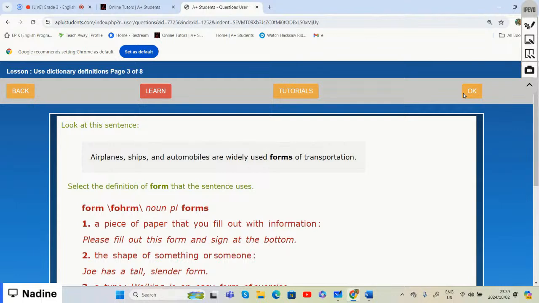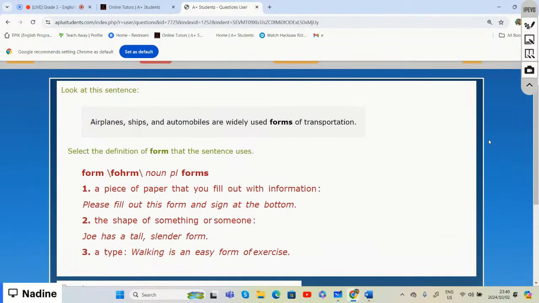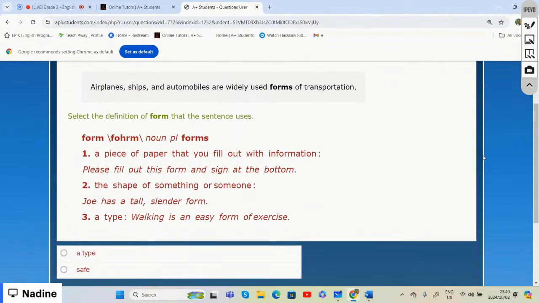All right. The next one says, look at the sentence. Airplanes, ships, and automobiles are widely used forms of transportation.